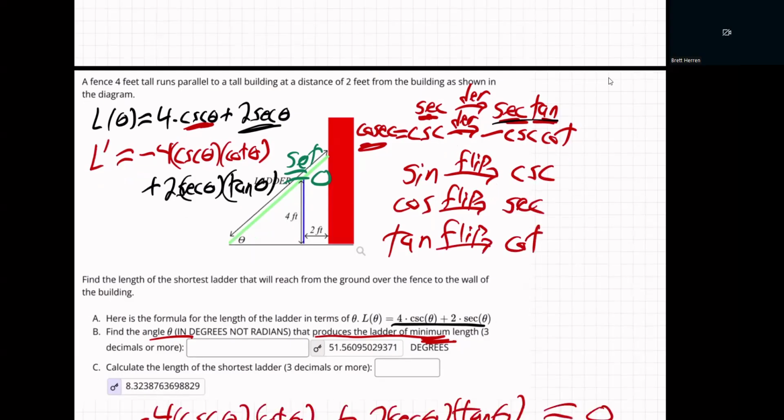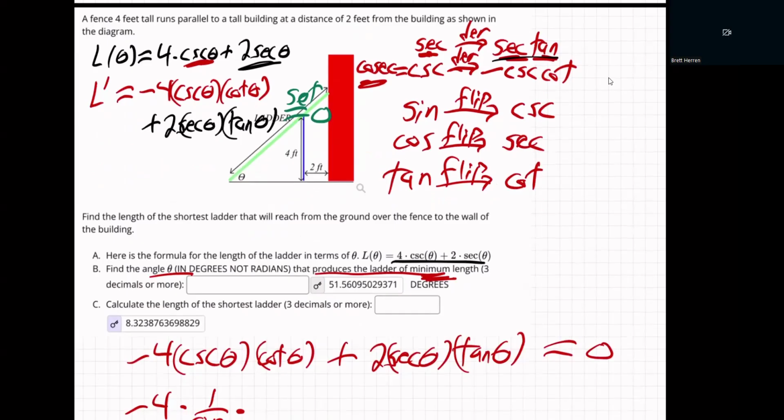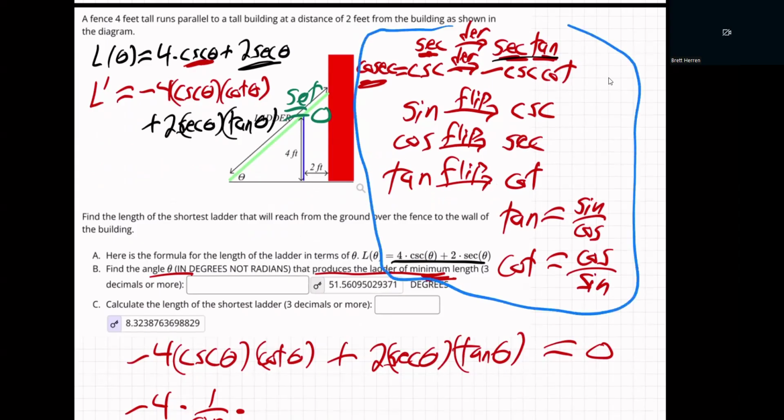It's just the upside down. Also remember that tangent is sine over cosine, and therefore cotangent is the upside down of that, cosine over sine. So here we go, all of that is trig review: some derivatives up top, and then some plain old trig functions down there.